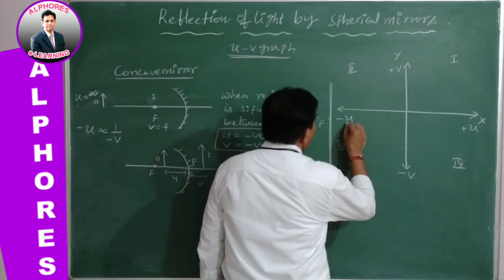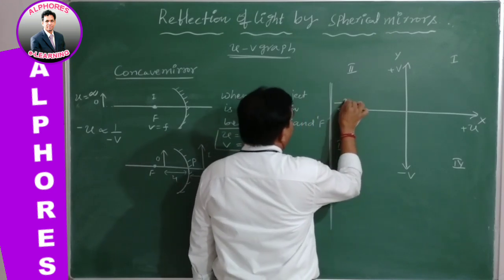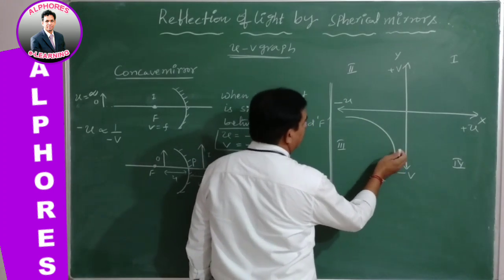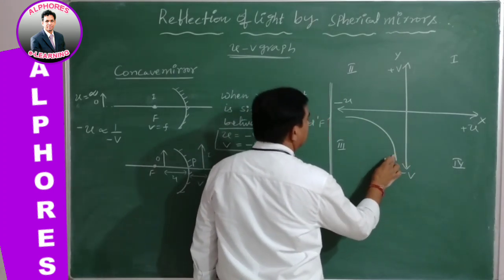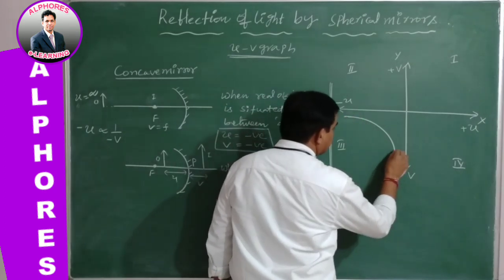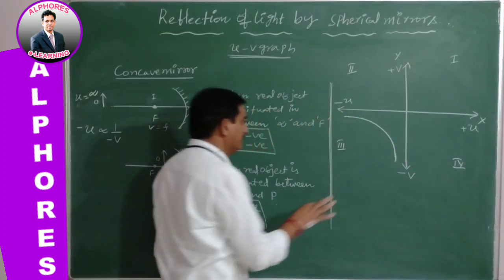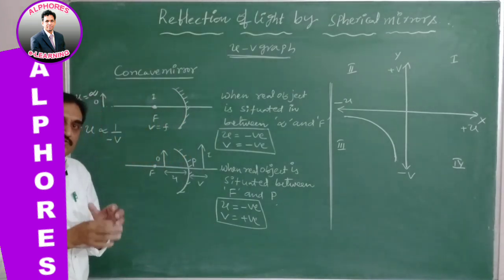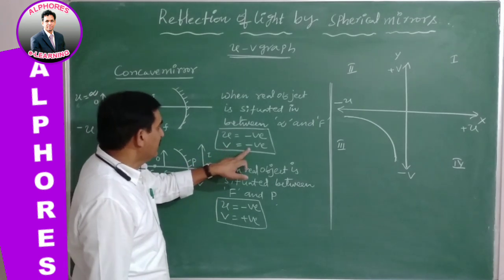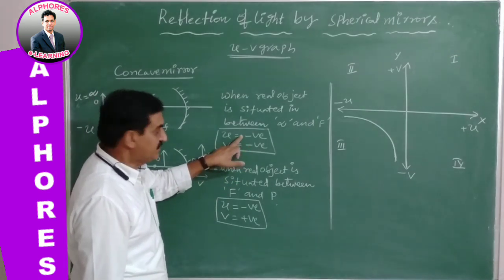Therefore, in the third quadrant we can draw the graph, a rectangular hyperbola. The name of this rectangular hyperbola we can clearly write here. What outcome is this graph giving? The outcome is that the image is real for a real object.